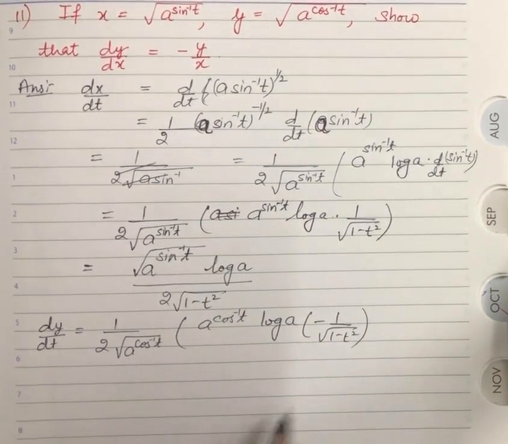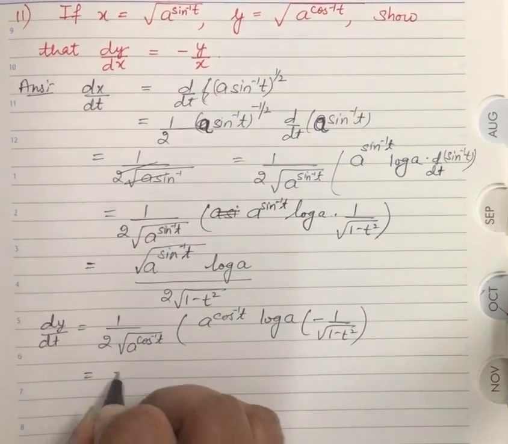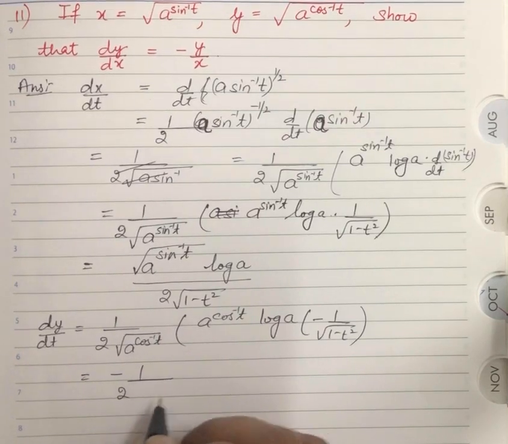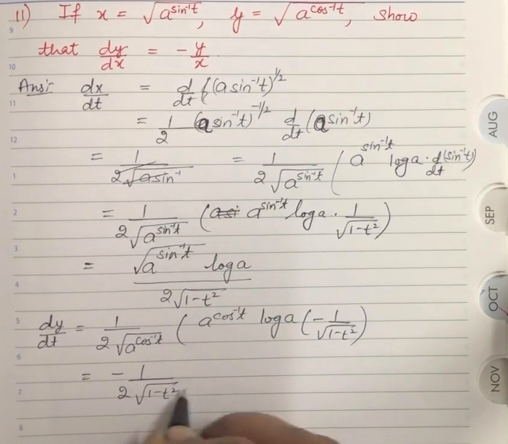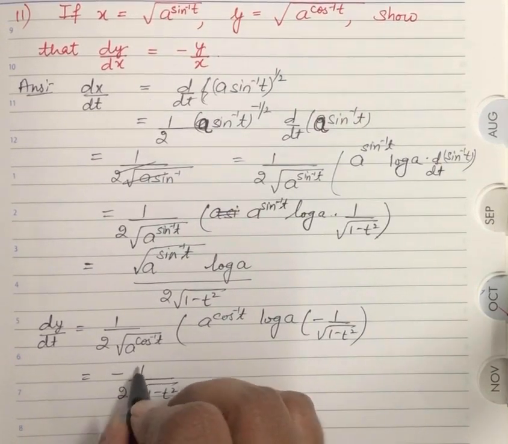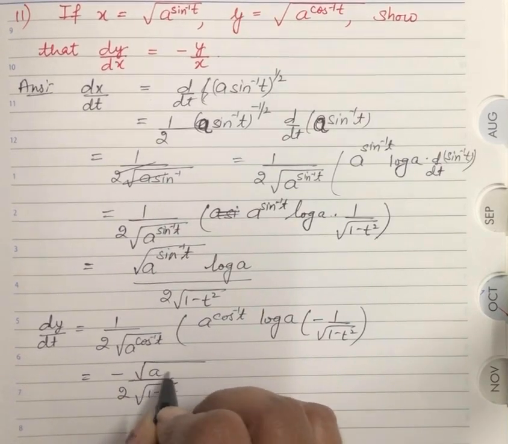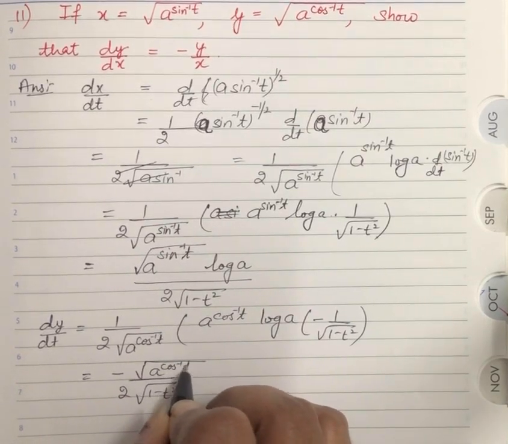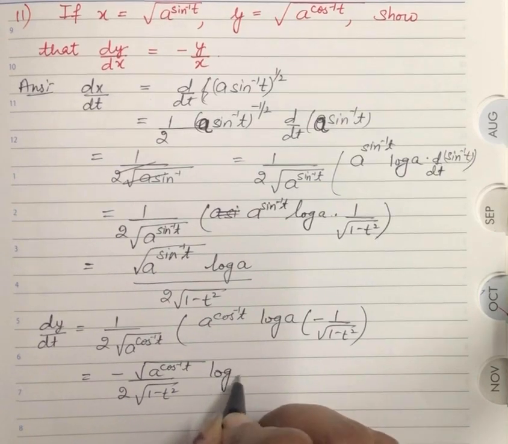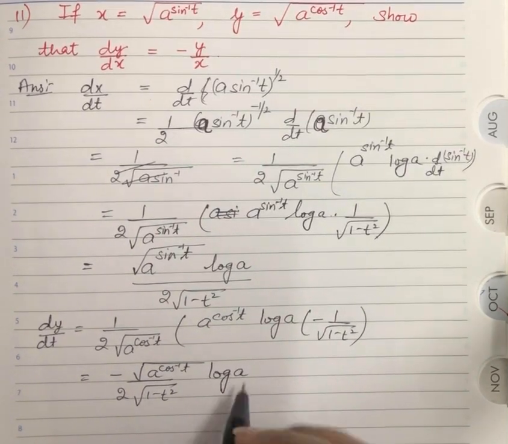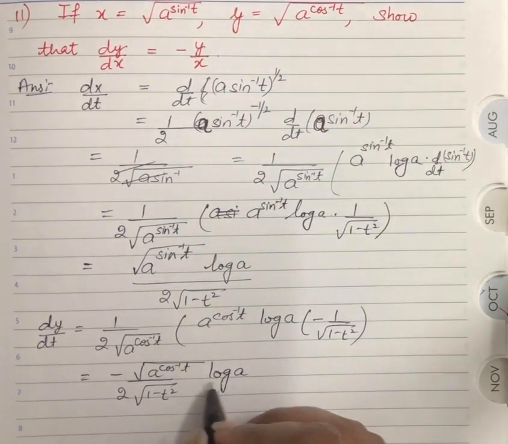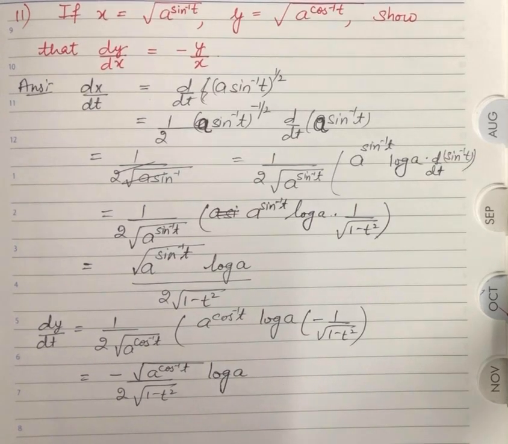There is only the difference of this minus sign. So minus 1 by 2 under root 1 minus t square, and this cancels out. In the numerator we have under root a to the power cos inverse t log a. So this is the differentiation.